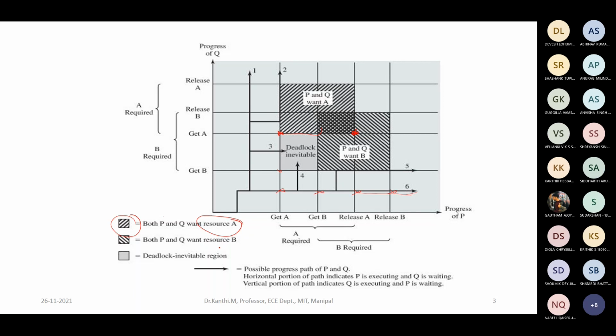And this is shown as both P and Q wanting resource B. Say here B is needed by P, and Q also wants B. There will be a resource conflict, and till it is released, both are in need of the particular resource.